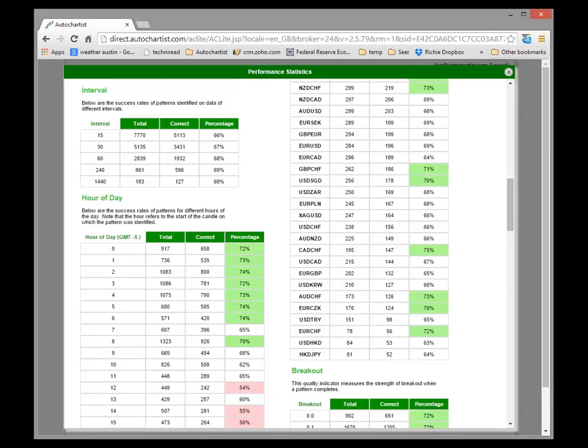An ascending triangle looks like this. There's a horizontal level. A descending triangle looks like that. There is a horizontal level. A double bottom looks like that, horizontal level.